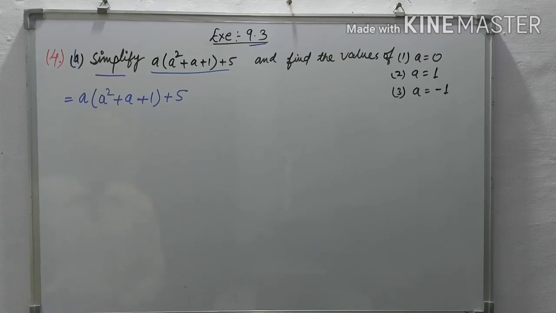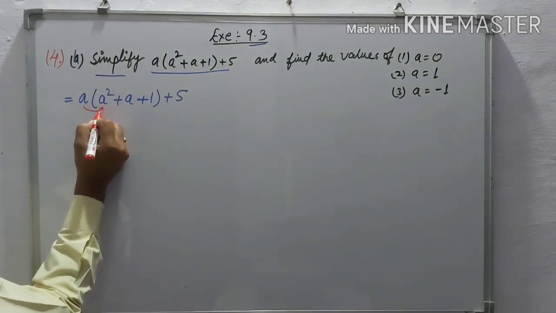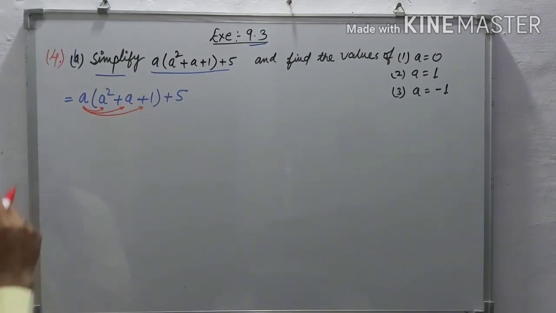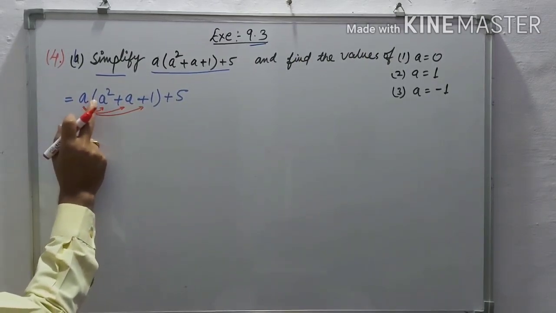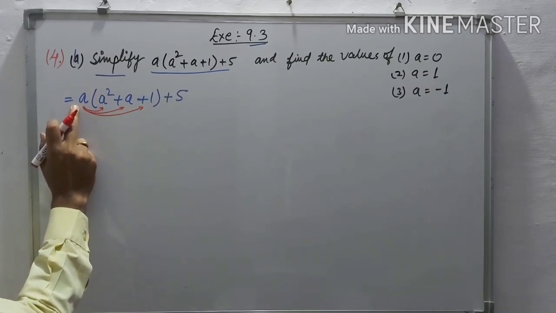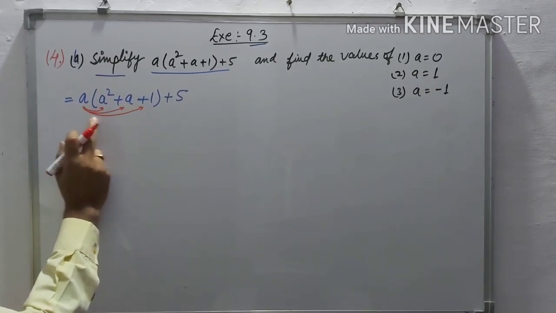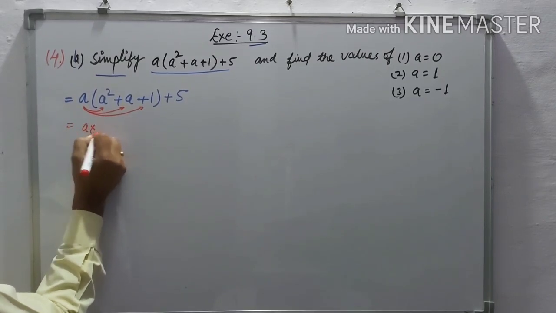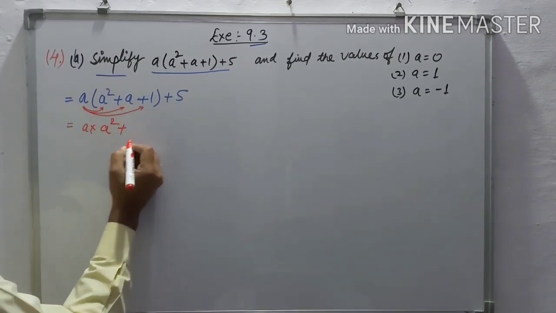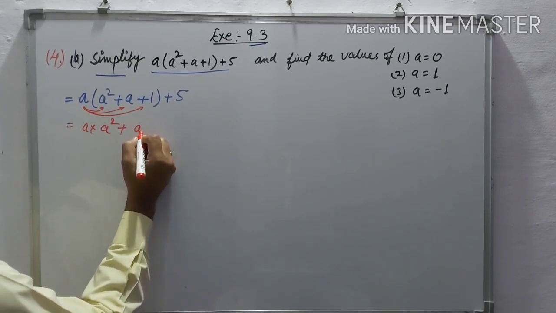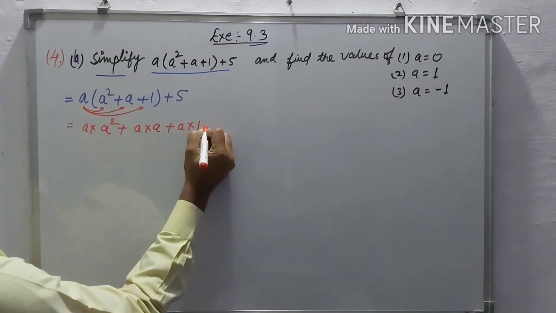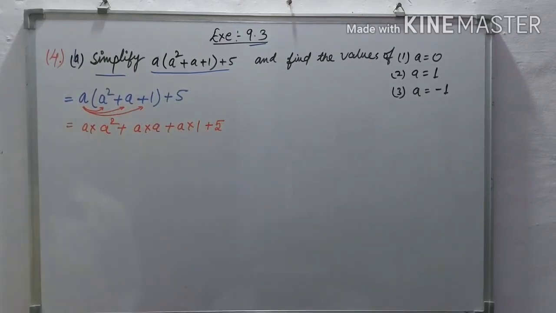Now here, multiply the first, second and third terms, which means you first multiply A square, second multiply A, and third multiply 1. If you write that, A into A square plus A into A and plus A into 1 and the additional part of 5.